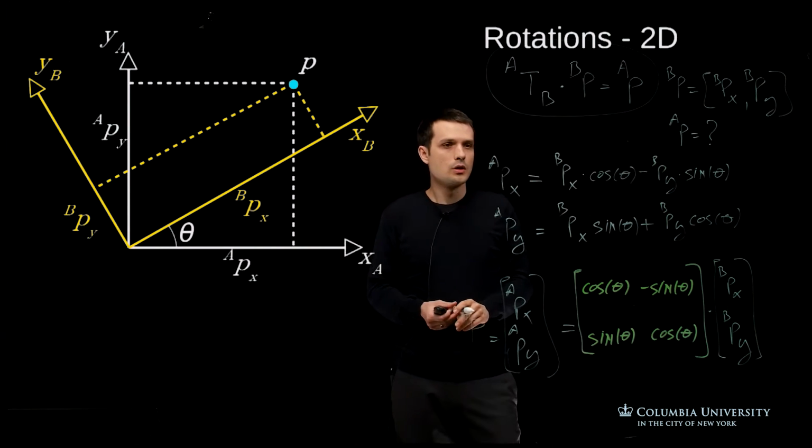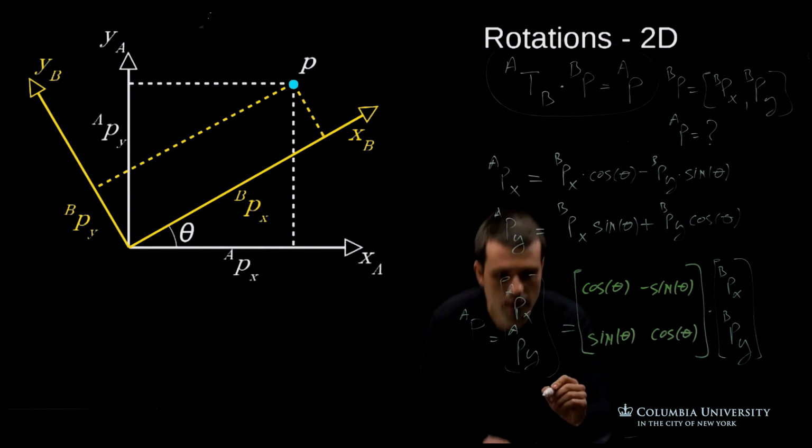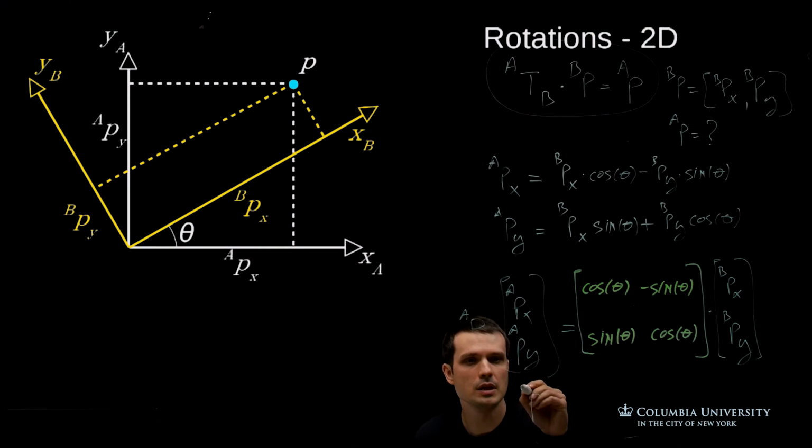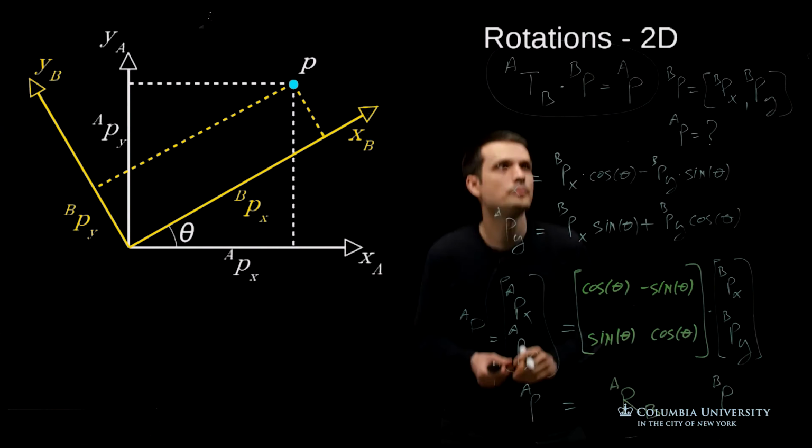Okay? Which, as you can see, is nothing other than PA equals RAB times PB. Okay?